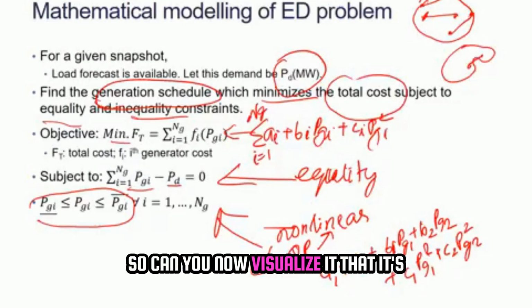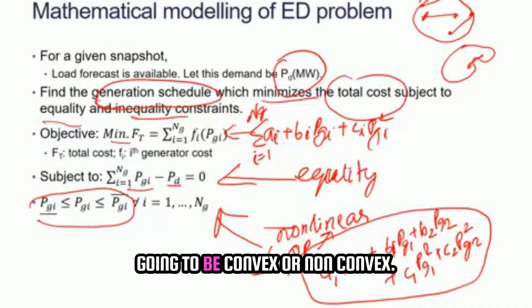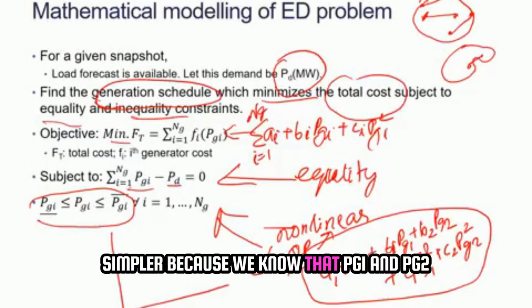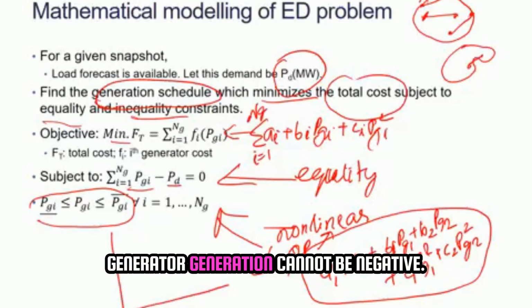So can you now visualize whether it's going to be convex or non-convex? Let me make it even simpler, because we know that PG1 and PG2 generation cannot be negative.